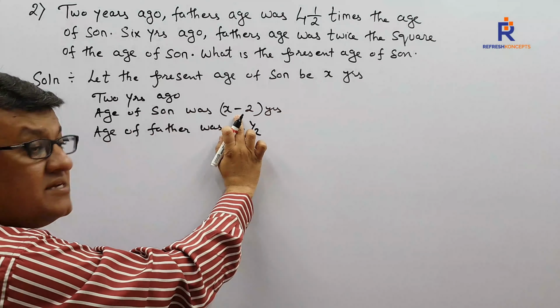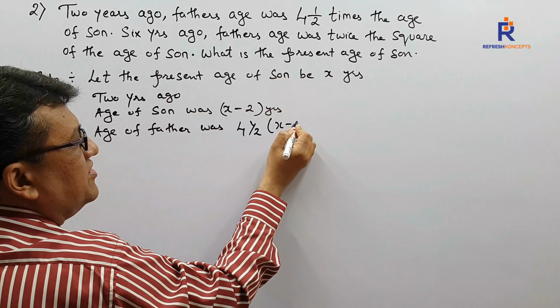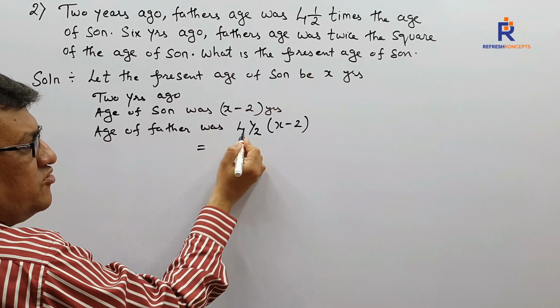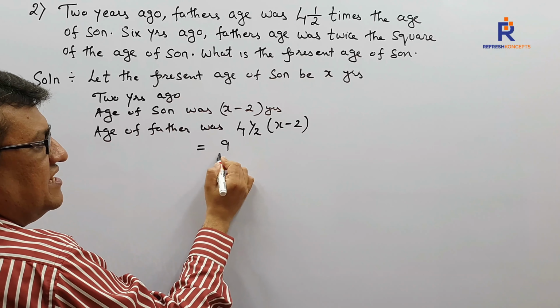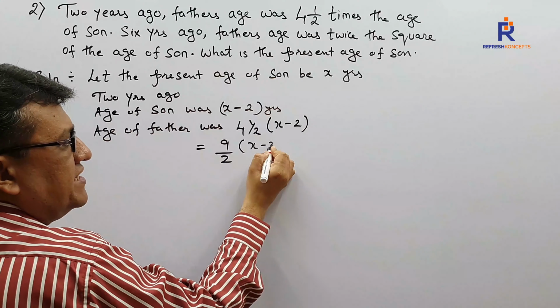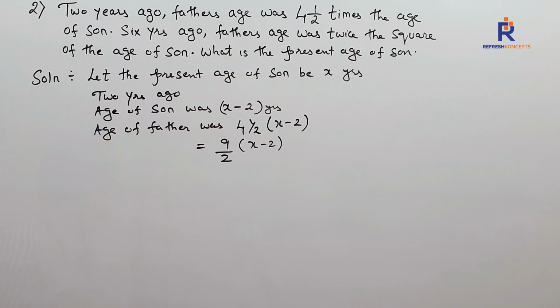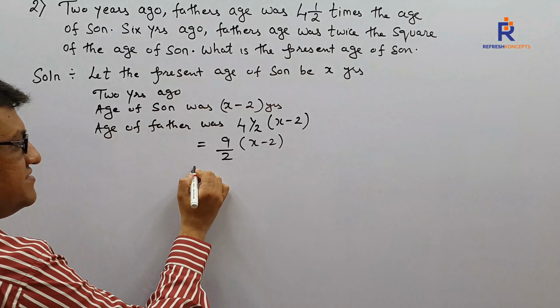And what was the age of the son? x minus 2, mind you. So can we write this 4.5 as 9 by 2, 4 twos are 8 plus 1, 9 by 2, times x minus 2.